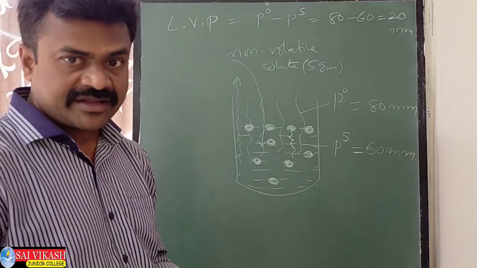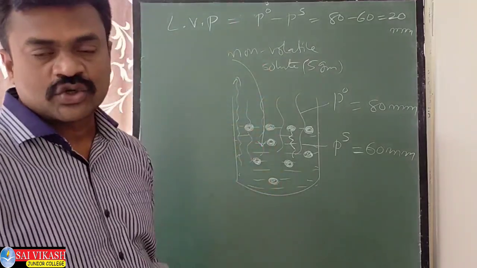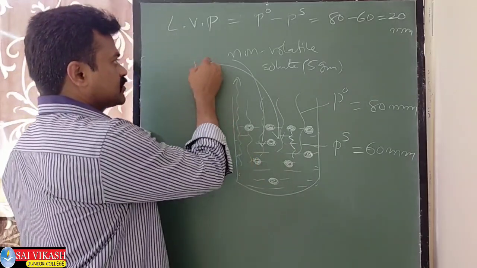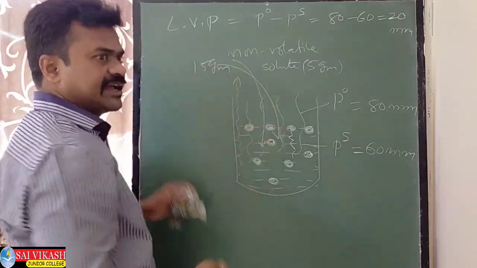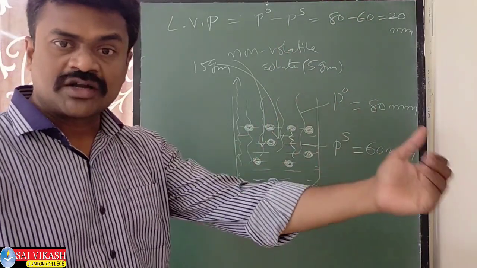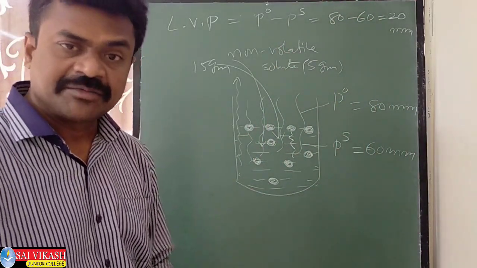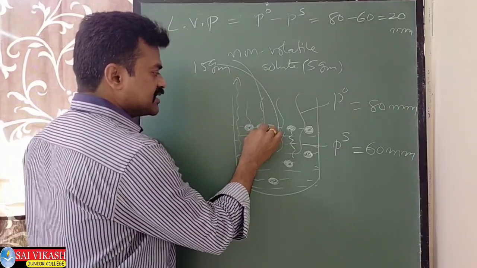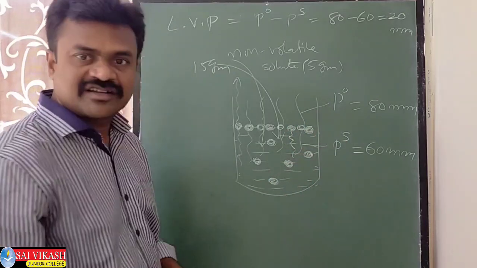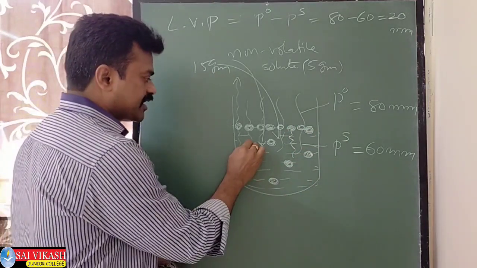Now see what happens. I am adding much more solute. Now suppose I am adding 15 grams, not 5 grams. It means more particles are occupying the surface than before. Inside also they occupy.